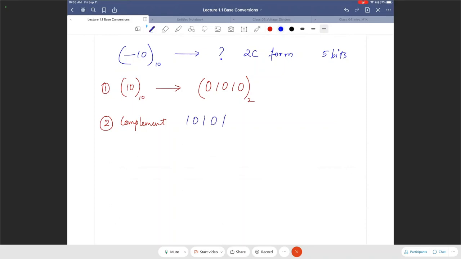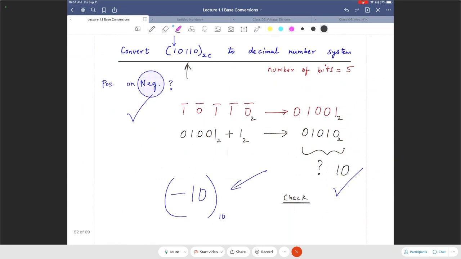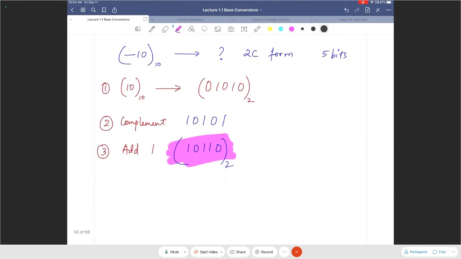Third step, add 1. What do you get? 1, 0, 1, 1, 0. Does it check out? 1, 0, 1, 1, 0 matches. So if you are in doubt, you can always check the way we just did. So this is our check.